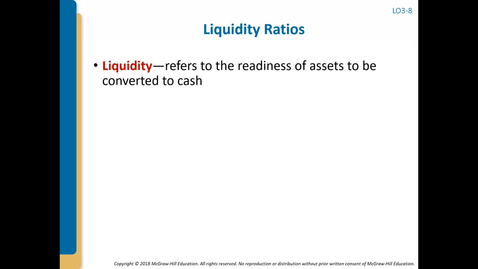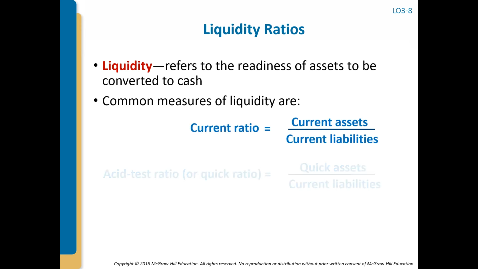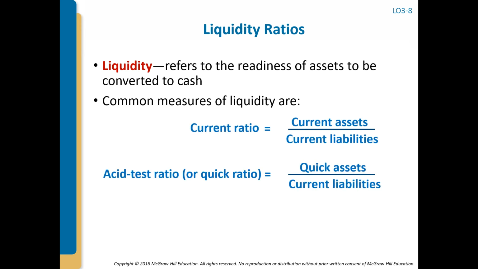So for that we have two important ratios. The first one is the current ratio, and the second one is the acid test ratio, or commonly called the quick ratio. The current ratio is equal to the current assets divided by current liabilities, and the acid test ratio is calculated by dividing the quick assets by the current liabilities.